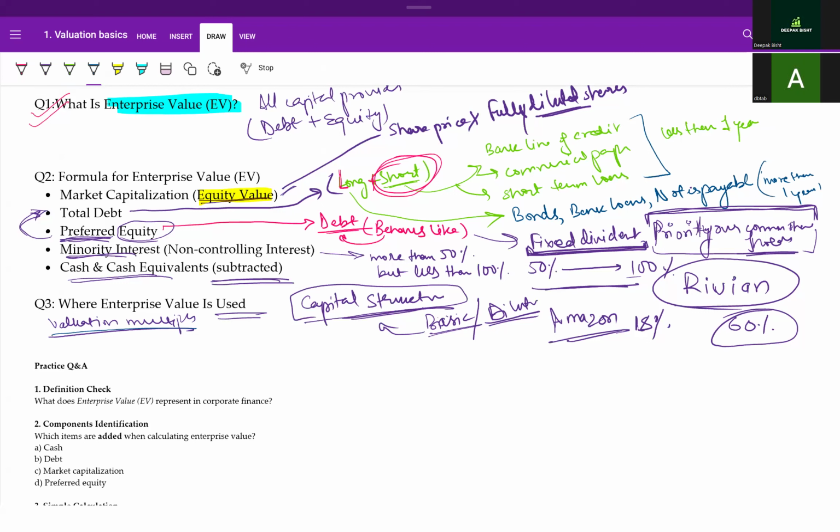If you come across any multiple preferred by investors, you will always see enterprise value multiples: enterprise to EBITDA, enterprise to EBIT, or enterprise to revenue. These are very common multiples, and this is where enterprise value is used.